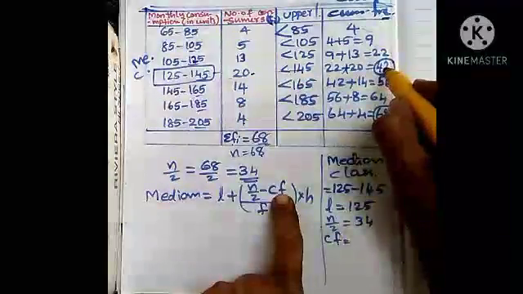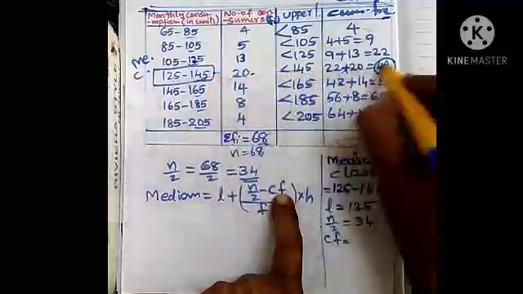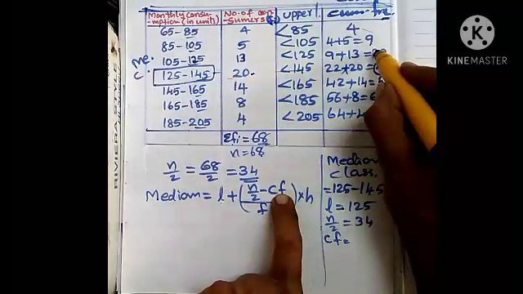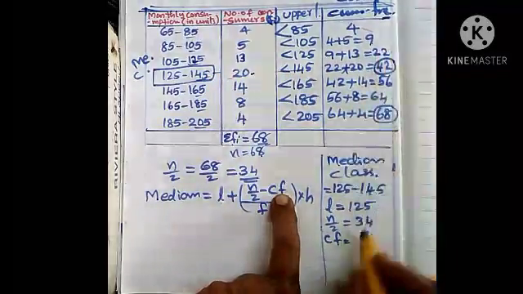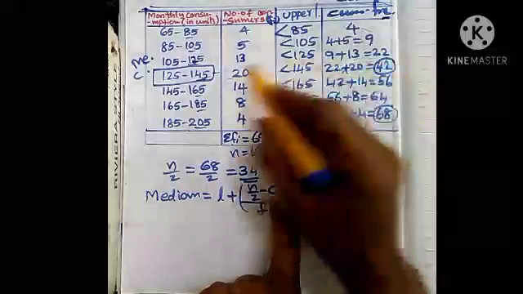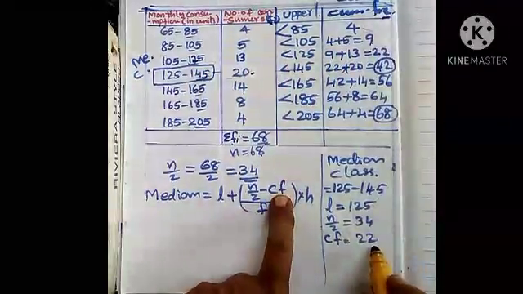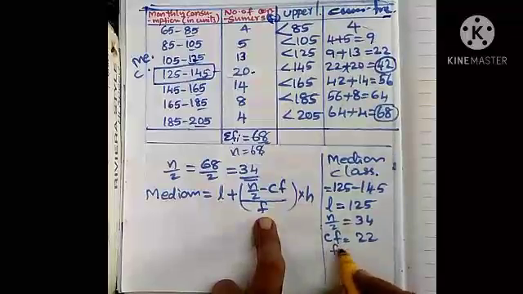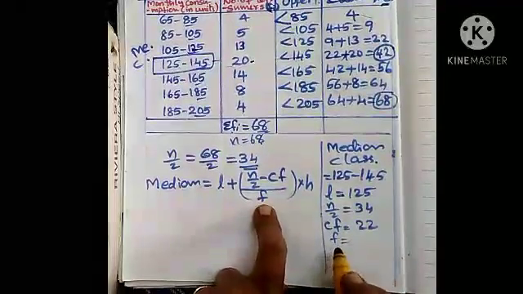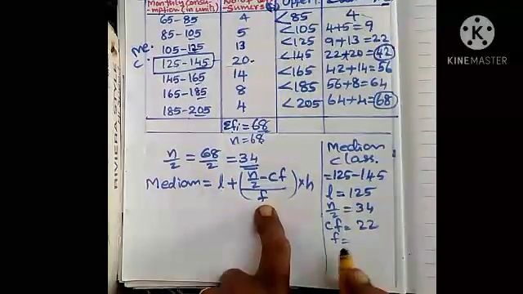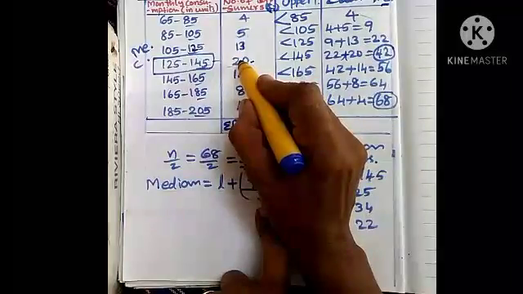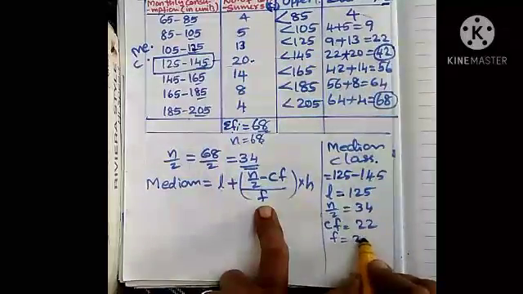Preceding the median class means just before the class we selected as the median class. Here it is 22. Next, F. F is the frequency of the median class, which is 20. Understand? So F equals 20.